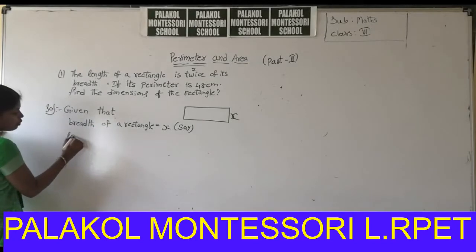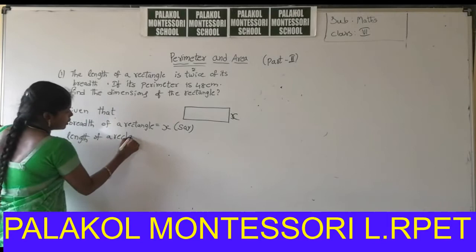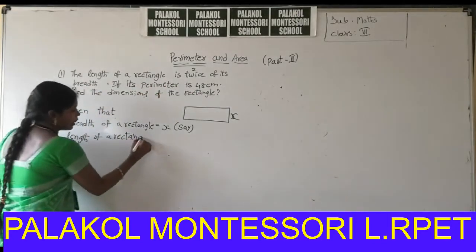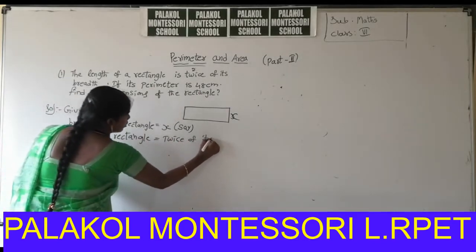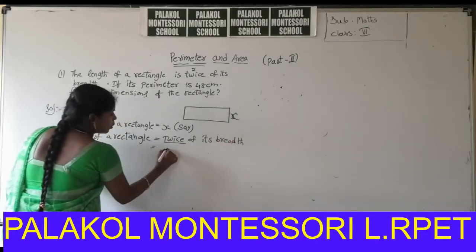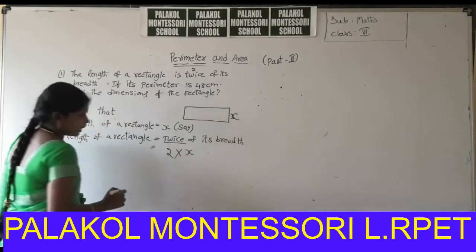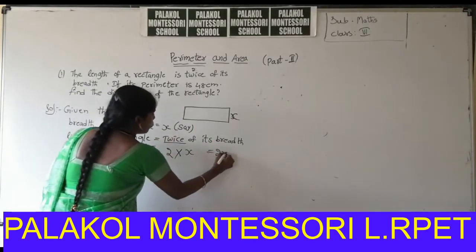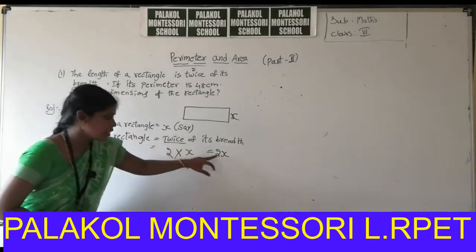The length of the rectangle is twice its breadth, that is twice means 2 times its breadth, that is 2 times x, that is 2x. So the breadth of the rectangle is x and the length of the rectangle is 2x.